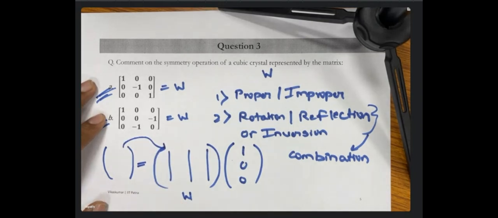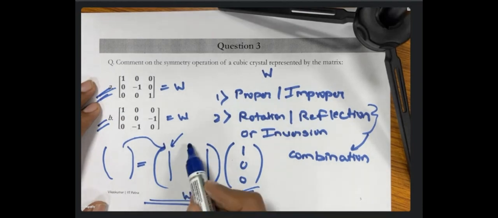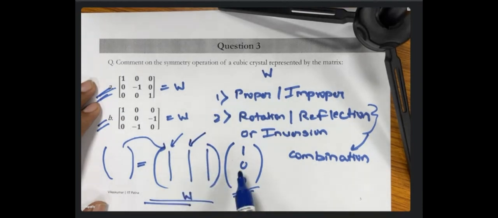So effectively, this symmetry transformation matrix, its first column is telling how 100 is going to be transformed. The second column is telling how 010 is going to be transformed, and the third one is telling how 001 is going to be transformed.